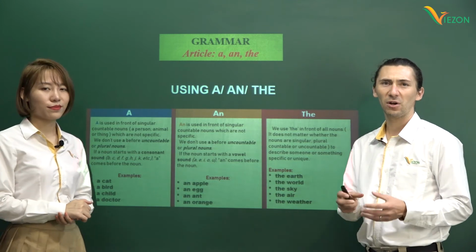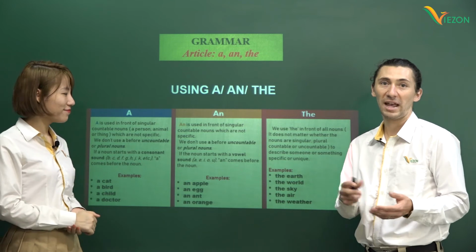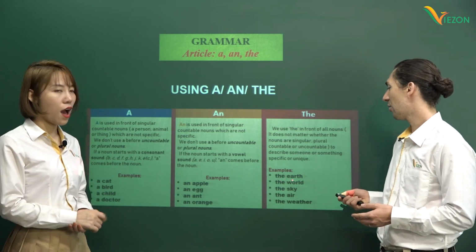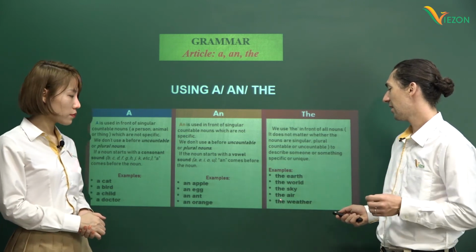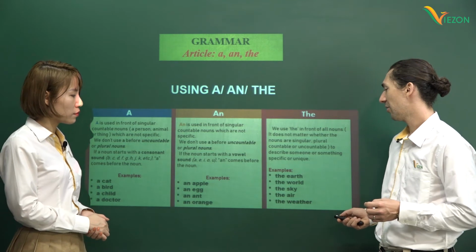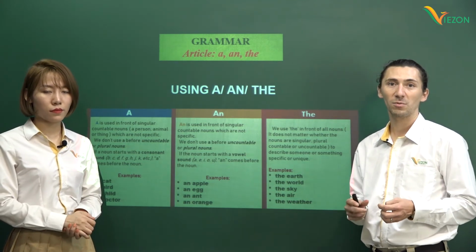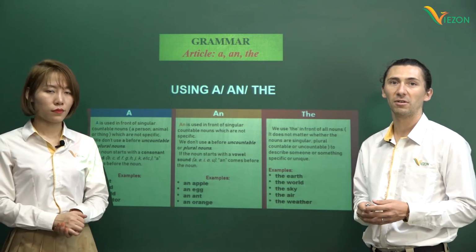Again, do we know what specific apple we're talking about? No, it's in general, an apple. But for the, we've got the earth, the world, the sky, the air, and the weather. Many of these are uncountable, and some of them can be countable, but it's a very specific thing that we're talking about here. Okay?